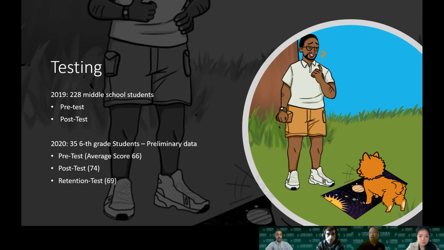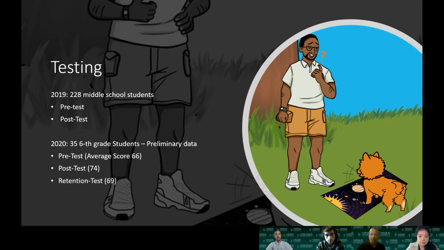So one of the questions we want to ask is, this is all well and good that they can remember this content for a day, but how well do they retain this information long-term? So we have a retention test that we had students take 2 weeks after completing the game. And as you can see, we had 35 sixth grade students who completed all 3 stages. And you can see the average scores.